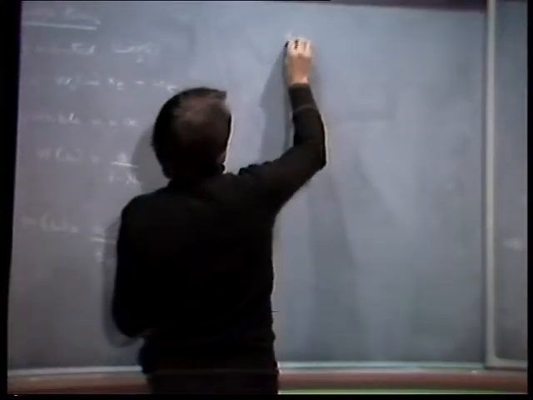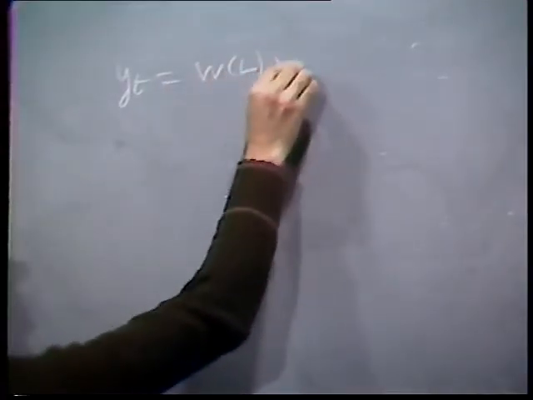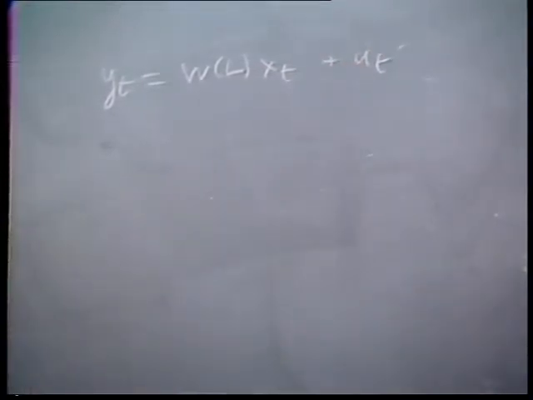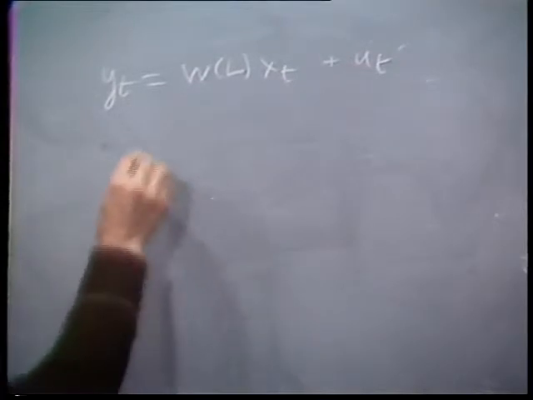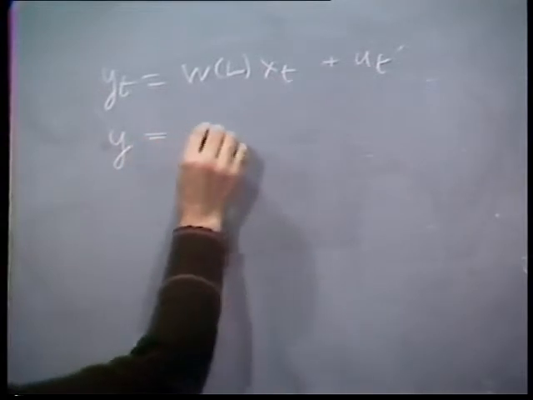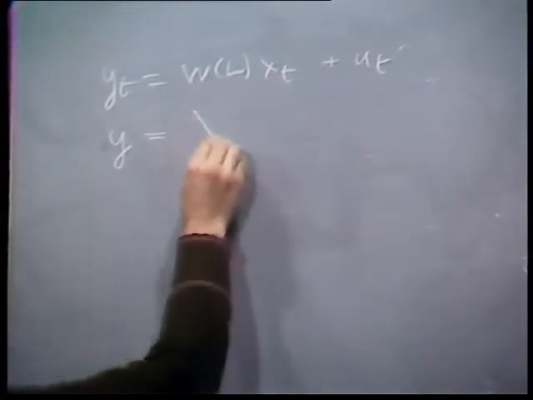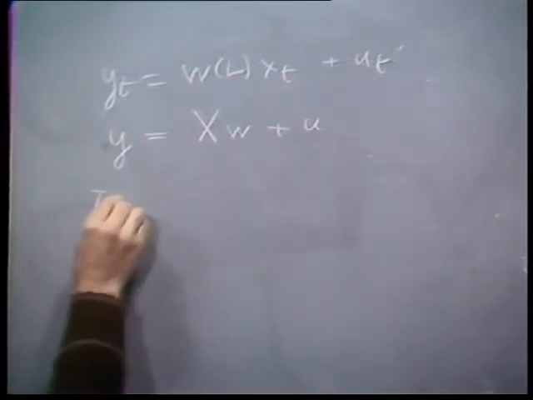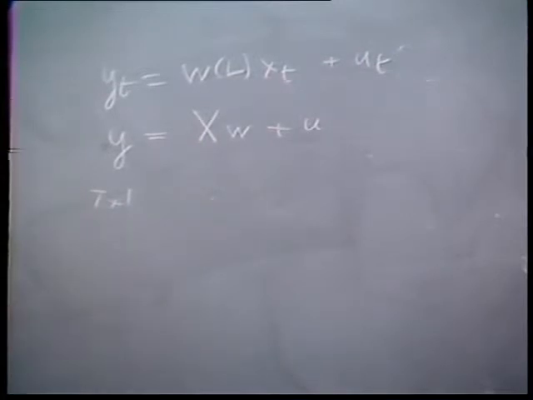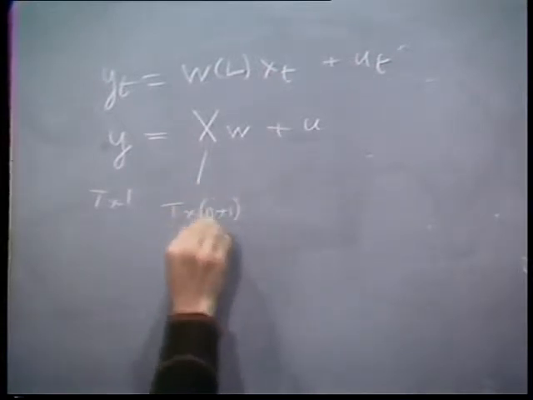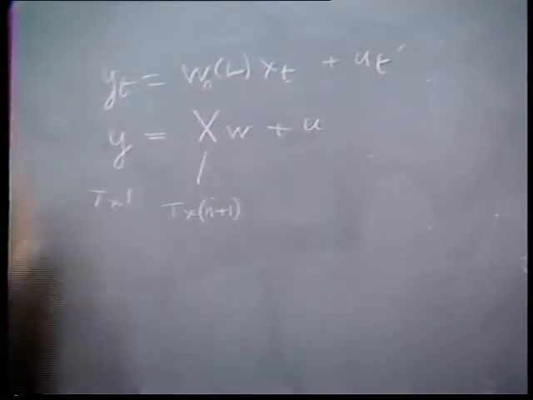So that we take our general model y_t equals W of L x_t plus u_t, and if we now introduce all capital T observations on the variables and denote the vector of all those observations by y, we then have y equals X W plus u, where this is now a vector T by 1 of the T observations on y, X is T by n plus 1, when that polynomial is still of order n.